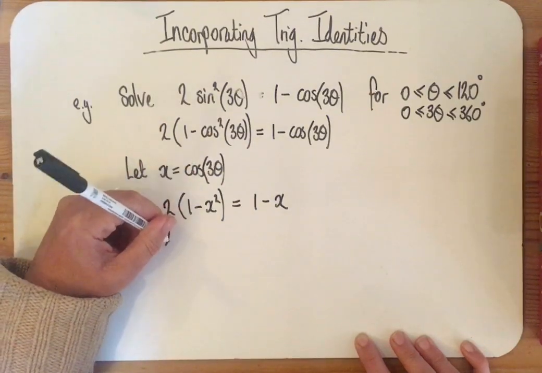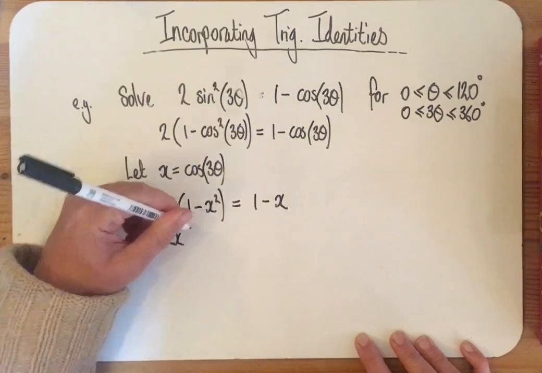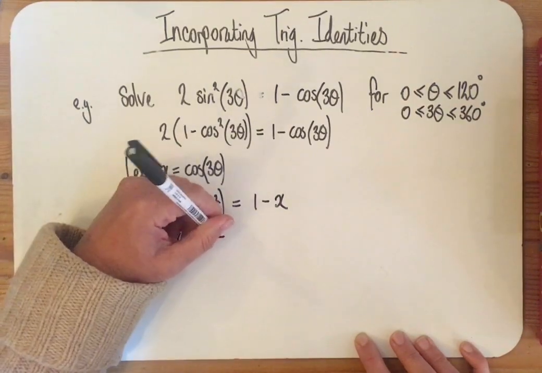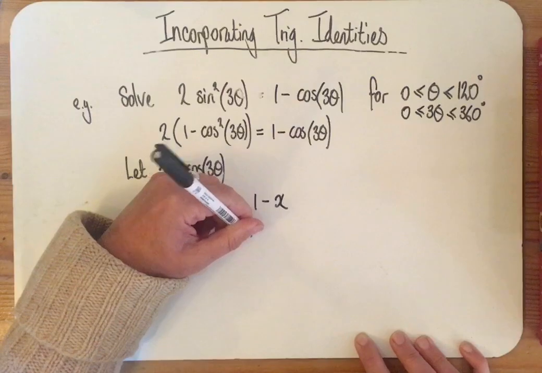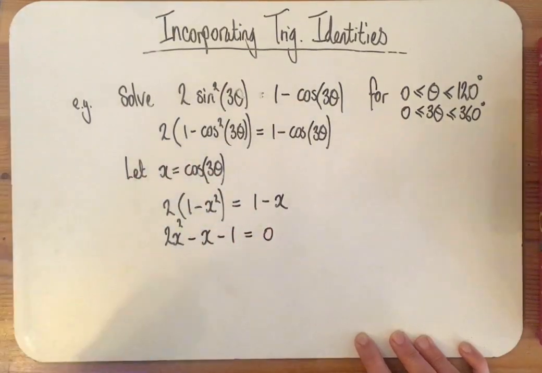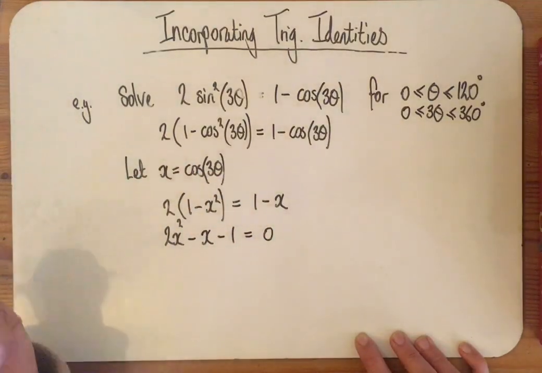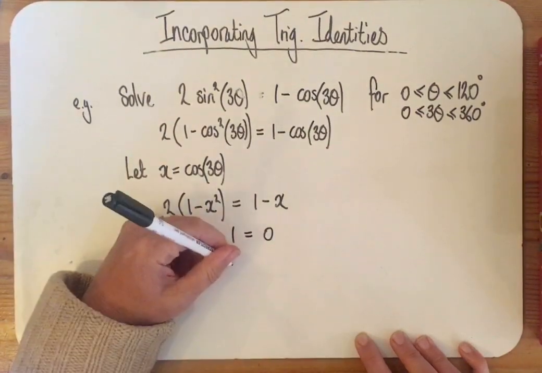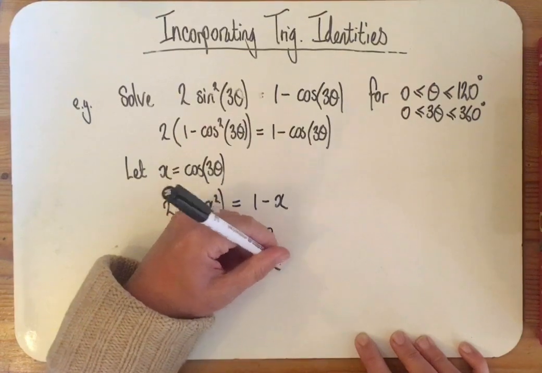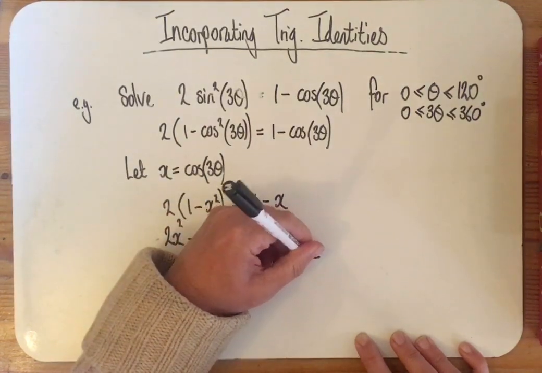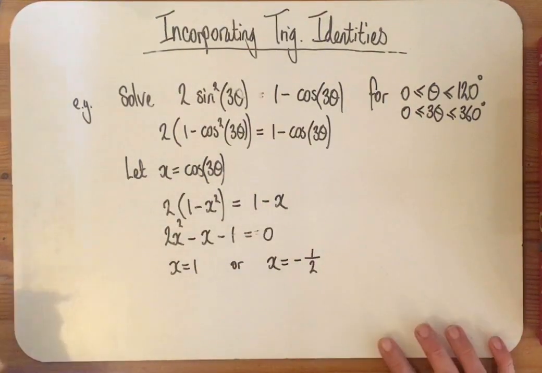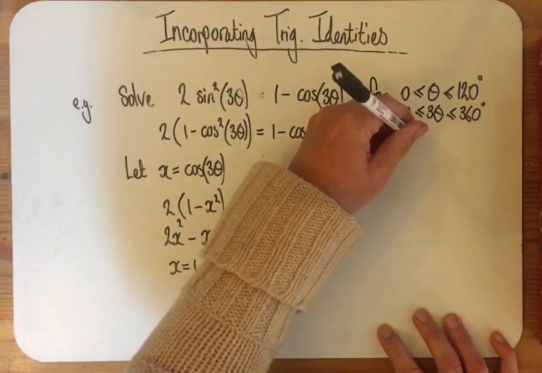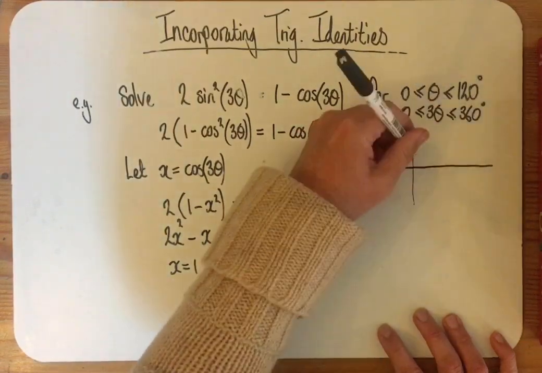That gives you 2x squared minus x minus 1 is equal to 0. And from there, x is equal to 1 or x is equal to minus a half. So we're looking between 0 and 360 on the cos curve.